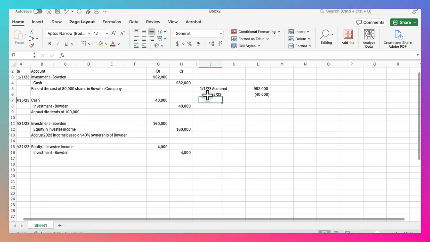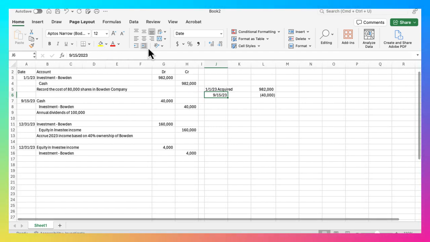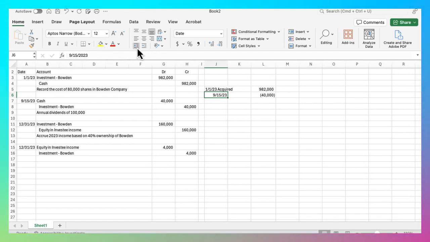Well, we have the dividend on September 15th that was declared, $40,000. Then we needed to recognize the basic equity accrual, right? On 12/31/2023. And that amount was the 160,000.